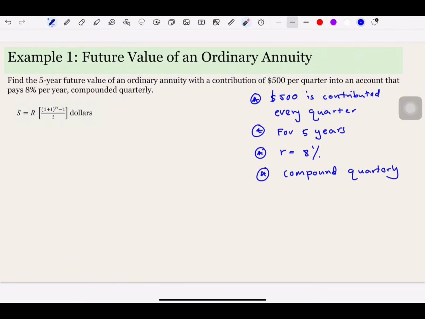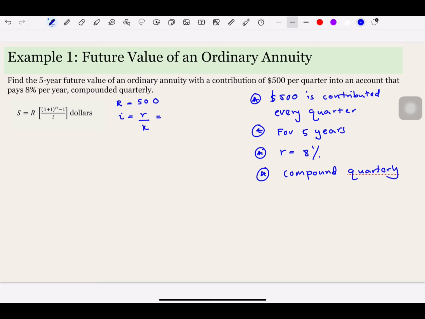We have to use this formula over here to get the future value. In order to use this formula, we need to figure out these values. First of all, let's get R. R is the regular payment per quarter, that is $500. And then we need i. To get i, we need to divide r by k.